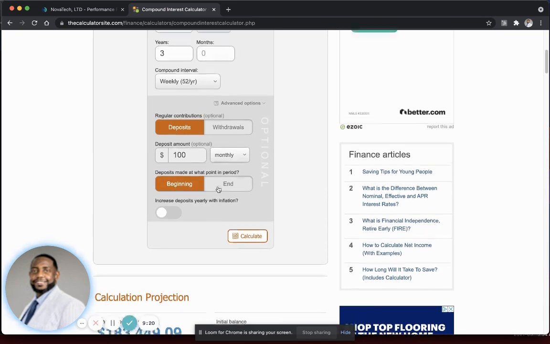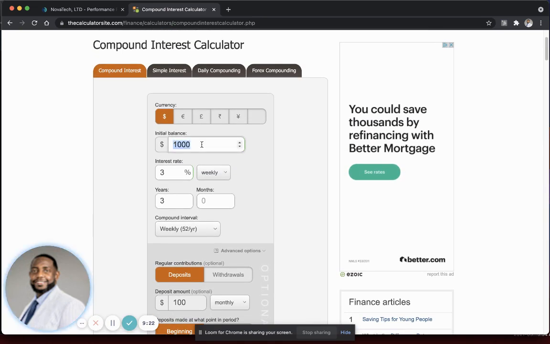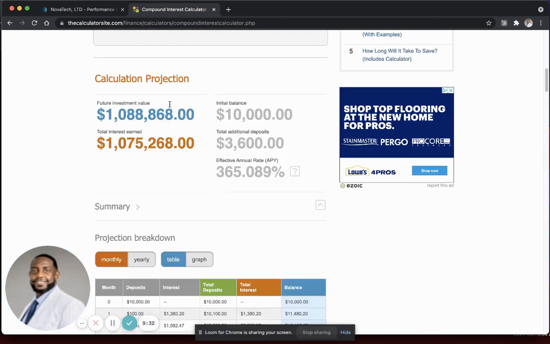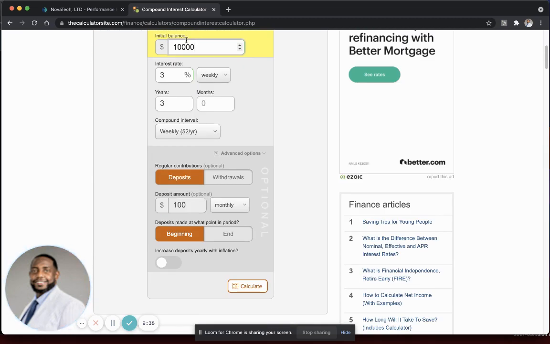Now, I know some of you all are saying, that's good, but what happens if you take this higher? So I want to show you a $1 million strategy, right? So how do we get to $1 million? Same strategy. We just increase this initial deposit to $10,000. So when we increase this initial deposit, use the same terms and everything, you're only putting in an additional $100 per month, right? And you do the same terms.